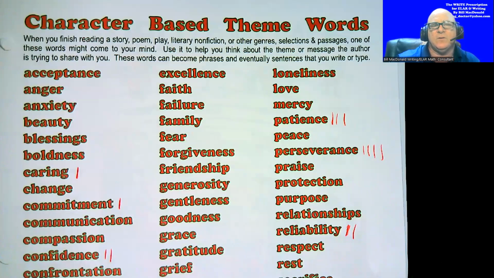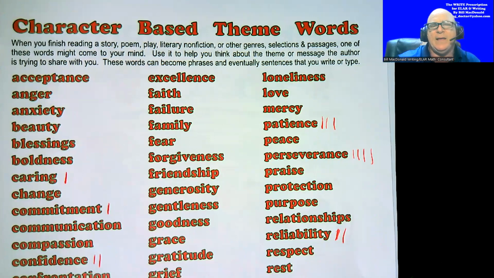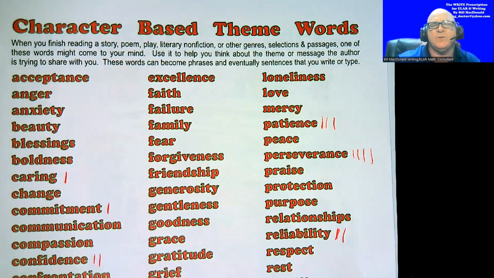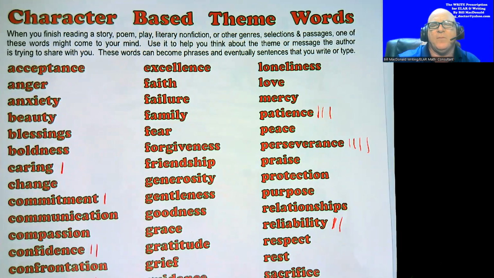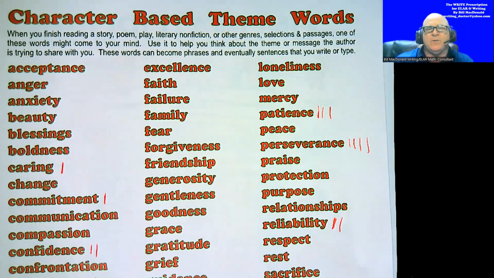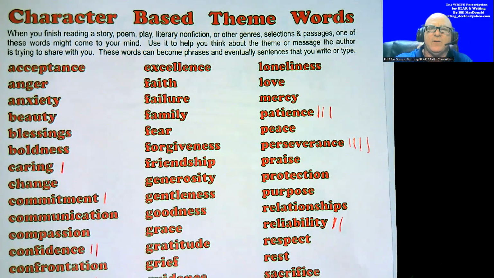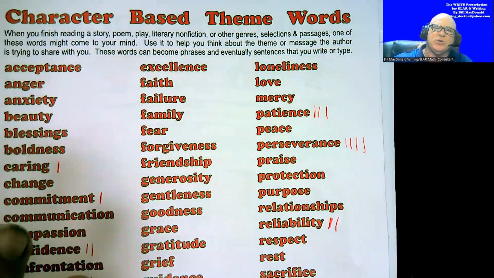So it says here, when you finish reading a poem, a play, literary nonfiction, or other genres, selections, passages, one of these words might come to your mind. Use it to help you think about the theme or the message or the actual character traits of whoever it is that you're reading about, that the author is trying to share with you. These words can become phrases and eventually sentences that you write or type.